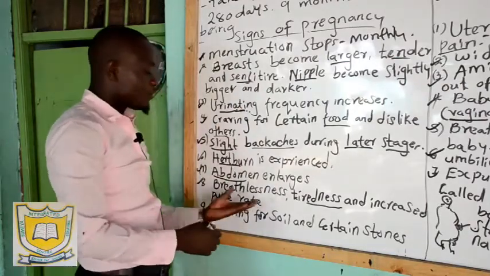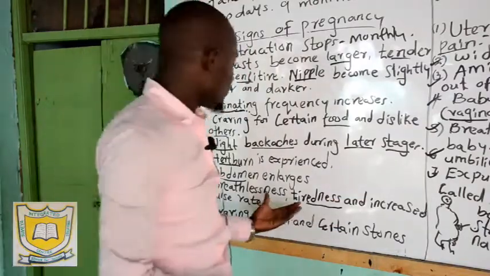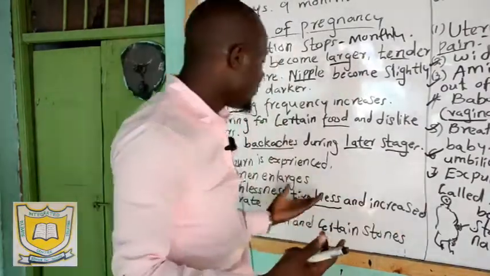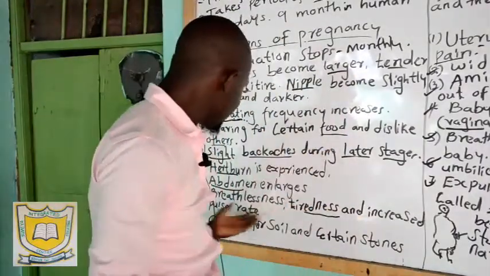Number 8, you talk of breathlessness, tiredness, and increased pulse rate. What causes breathlessness? What causes tiredness? What causes increased pulse rate?